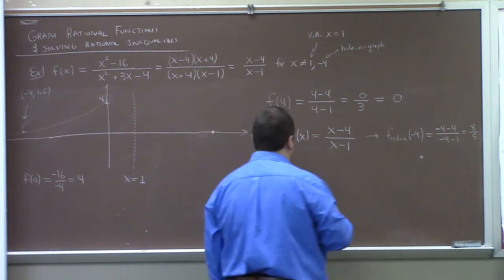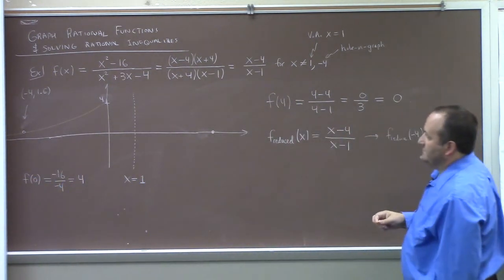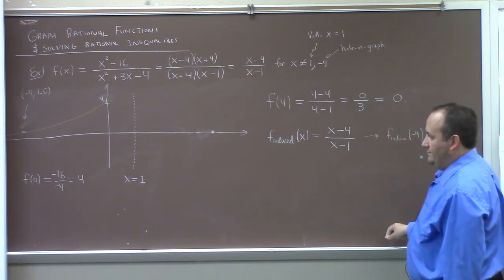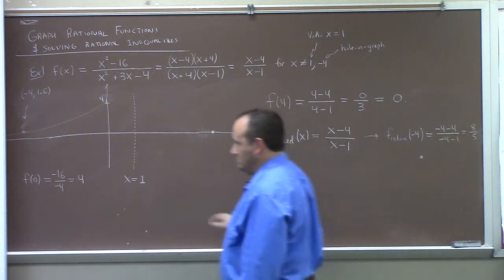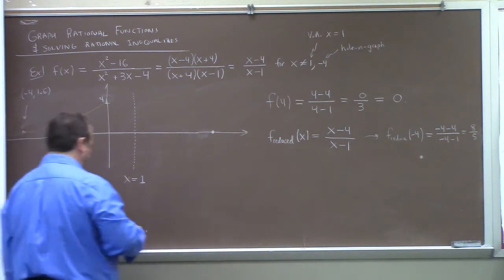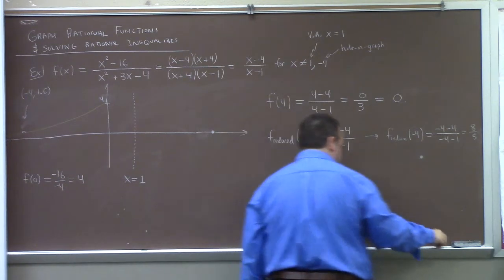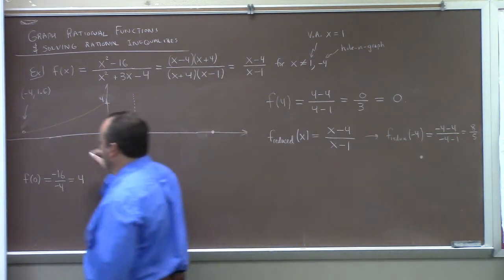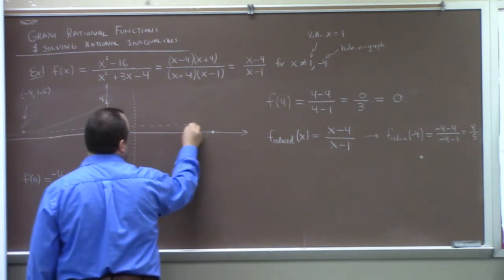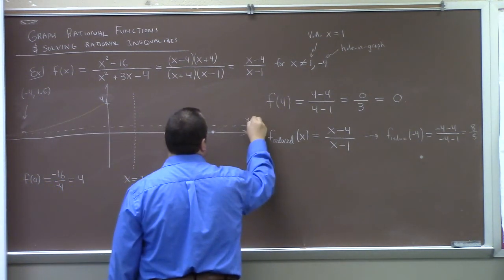What's the horizontal asymptote for this one? I think there is one. Unfortunately, I've run out of chalkboard over here. But actually, we can show that there's a horizontal asymptote at y equals 1.